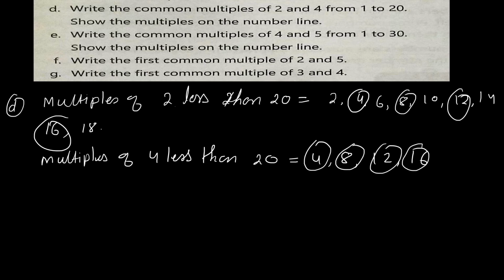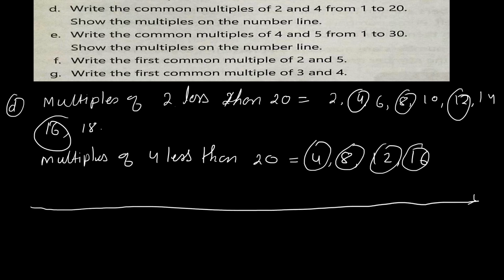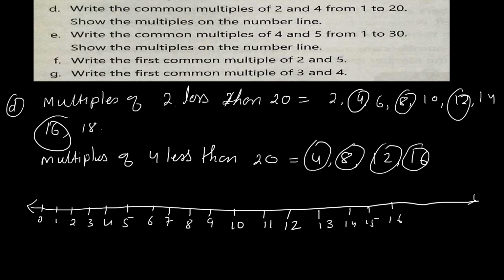So let's make it: 0, 1, 2, 3, 4, 5, 6, 7, 8, 9, 10, 11, 12, 13, 14, 15, 16, 17, 18, 19, and 20.